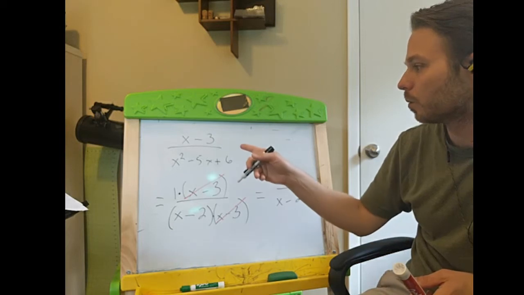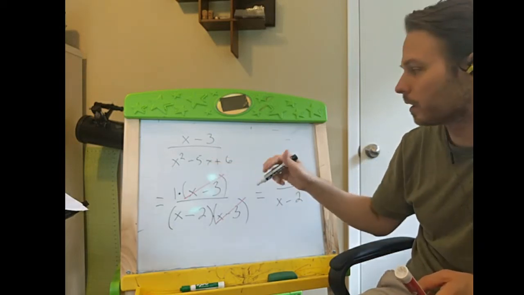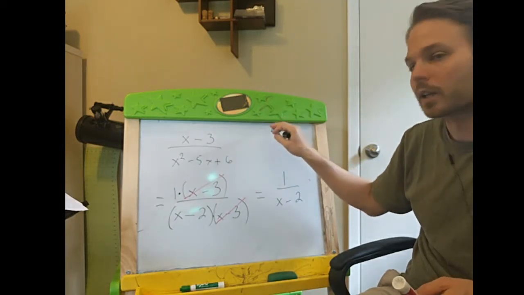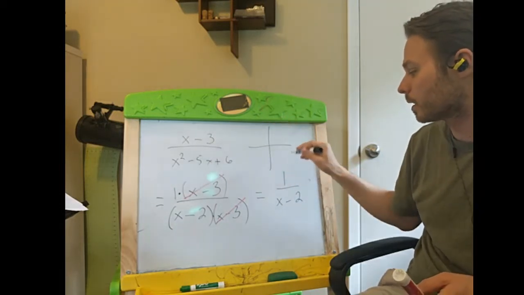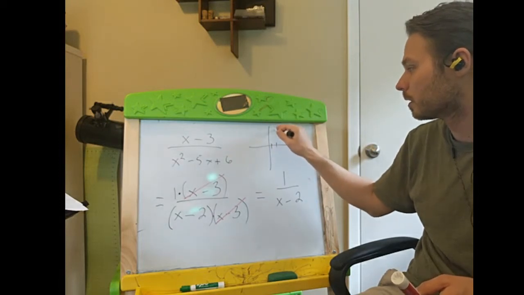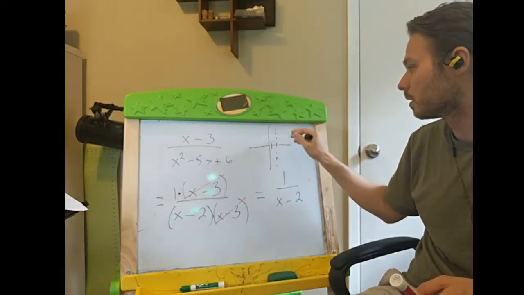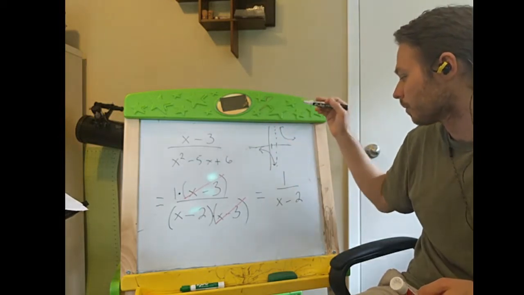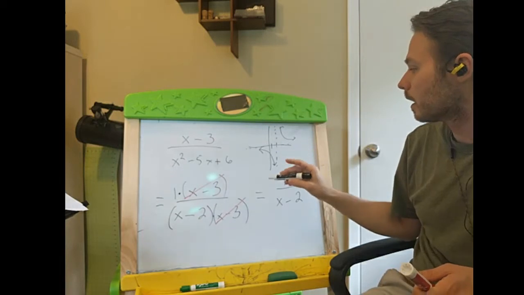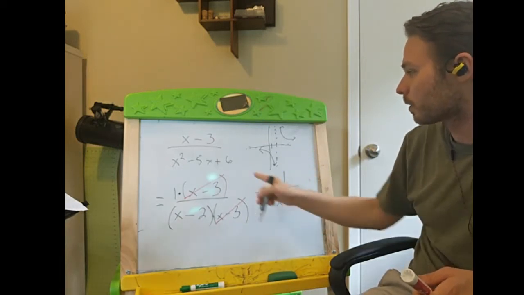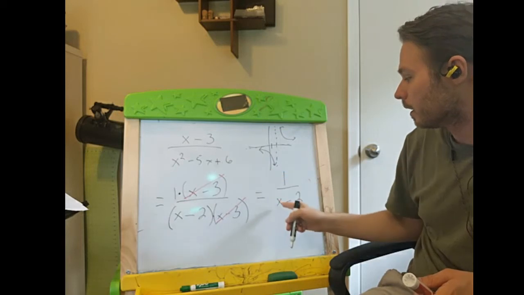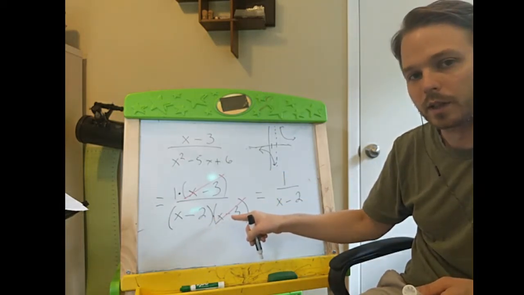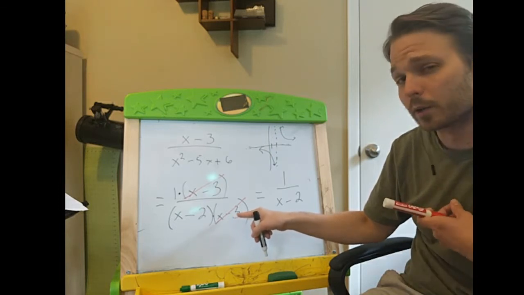If you're curious why we might do something like this, this is maybe a little more advanced, but you can start thinking about it. The graph of x minus 2 looks something like this. And the difference between this graph and this graph is that this graph also has a 3 that's excluded in the domain, because 3 will make the denominator equal to 0.